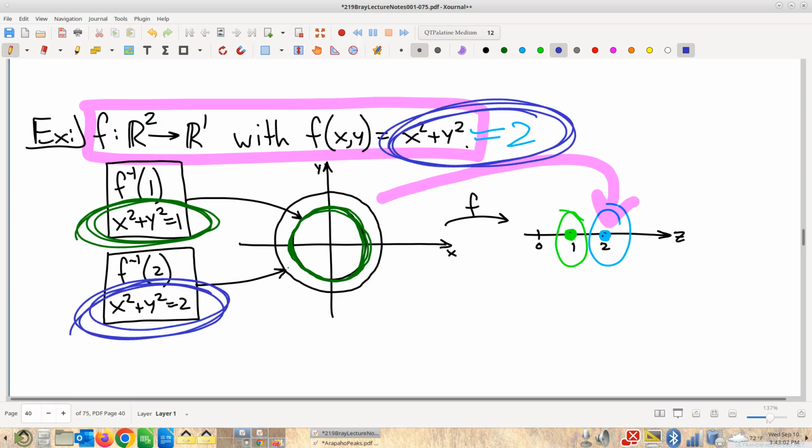Well, again, it's a circle. It's a circle of radius square root of 2, old familiar high school algebra thing. So there's a different level set. Same function. You can draw as many level sets as you like. The more level sets you draw, in some sense, the more information you'll be representing in your picture as to what the thing looks like. How we doing?